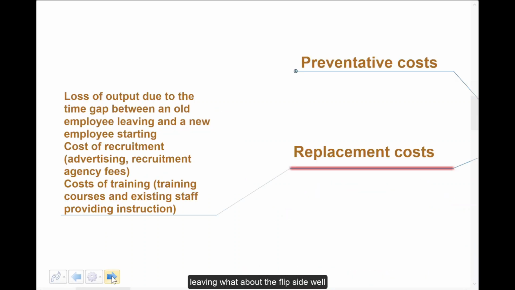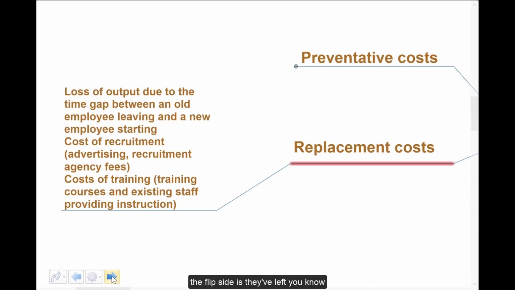What about the flip side? Well, the flip side is they've left. We have to replace them. When we think about it, replacing staff is perhaps one of the most costly things, particularly if they're good staff. We lose skill, we lose output from employees who may have been there for a very long time.